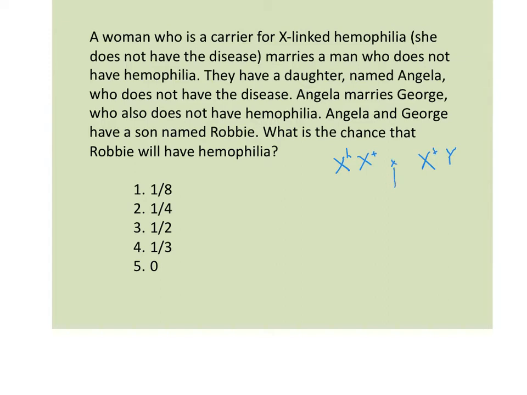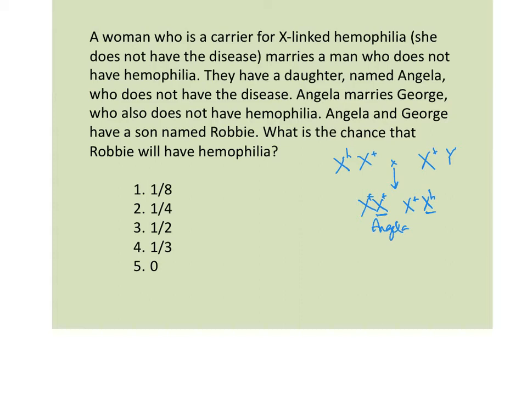They have a daughter named Angela who does not have the disease. If Angela doesn't have the disease, she can have 2 different genotypes. She could be X plus X plus, or she could be X plus XH, depending on which X she gets from her mom.